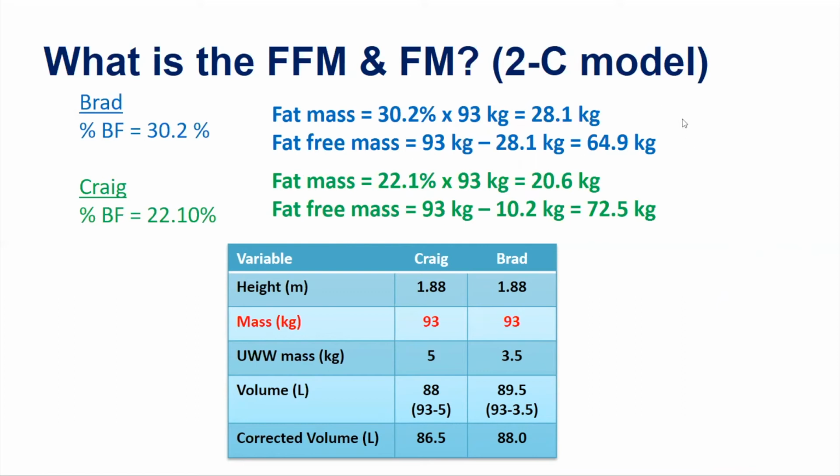So you can see how the two-compartment model is applied, where we take the percentage of body fat, multiply it by their body weight, and that absolute weight or mass represents their fat mass. And when you subtract this mass from their entire body weight, you determine their fat-free mass. And I just found that there is a typo here. So this should be 20.6 kilograms in this blank.